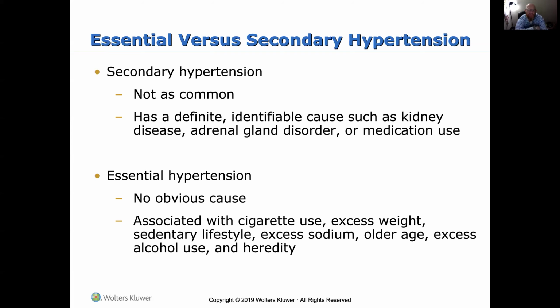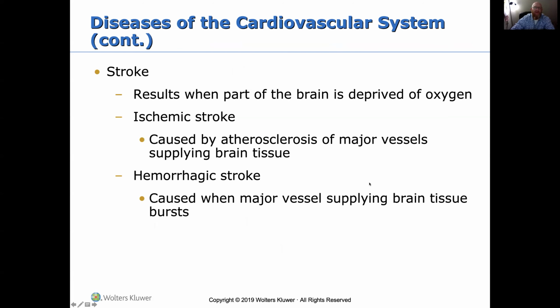It's something that happens more from everyday activities that we deal with, or things like having excess weight and being sedentary. Essential is more common, and it does not have that definite identifiable cause as in secondary hypertension. That's the difference.